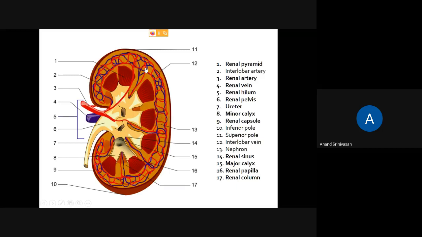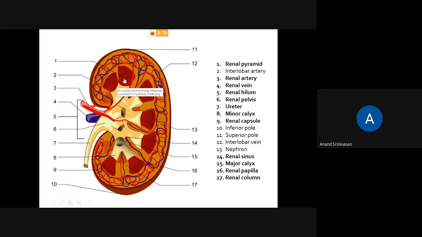Now in the renal medulla, there are some pyramid shaped structures, this dark brown or reddish brown color. These are called renal pyramids. You can see number one, which is the renal pyramid. This is the place where the urine is formed.